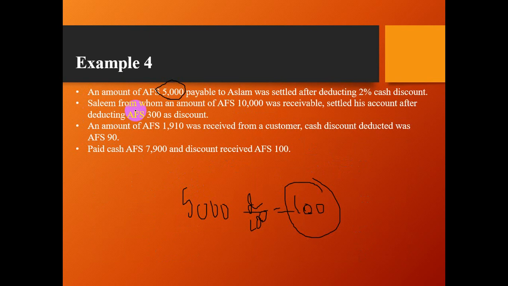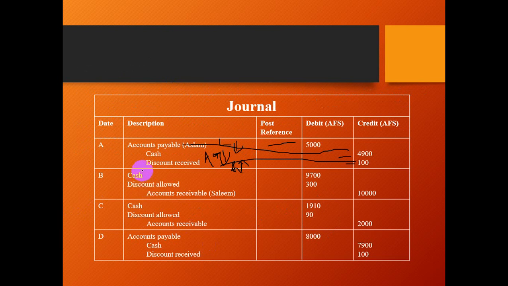Salim, from whom an amount of 10,000 was receivable, settled his account after deducting 300. So I needed to receive 10,000, but out of that 10,000 I gave him a 300 discount. So how to keep the record? Cash: if I am leaving out 300 of the 10,000, how much am I receiving? 9,700.